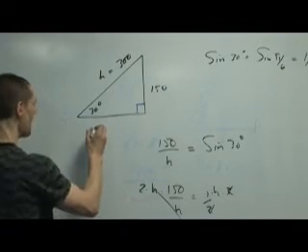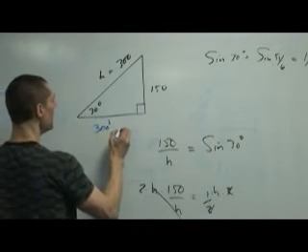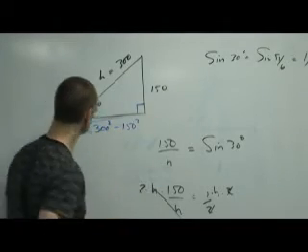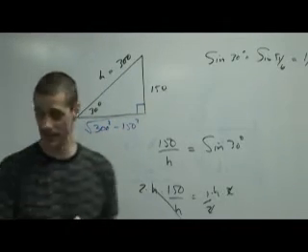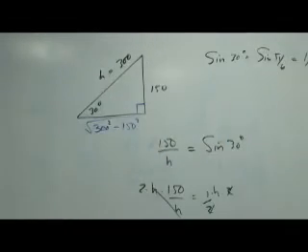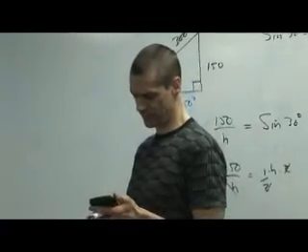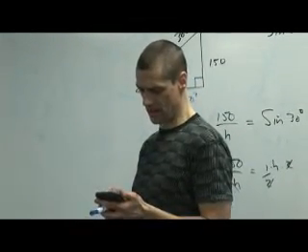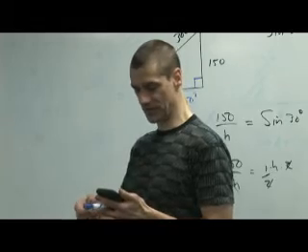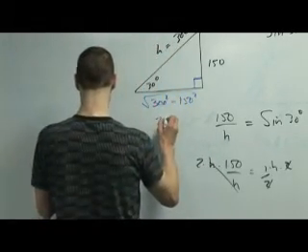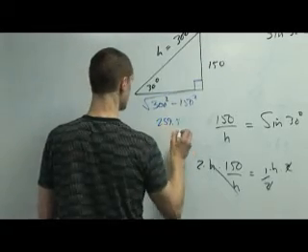So this is the square root of 300 squared minus 150 squared, whatever that is. Let me see what that is. So the square root of 300 squared minus 150 squared is 259 and change, 259.8 something.